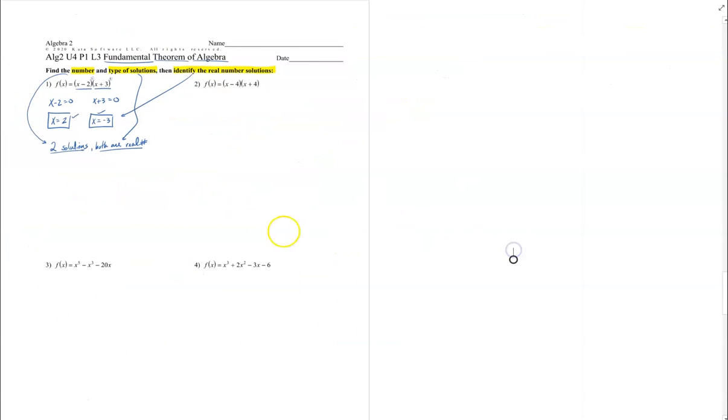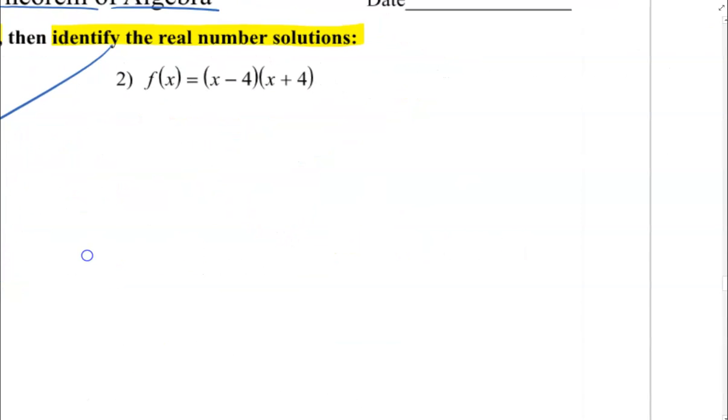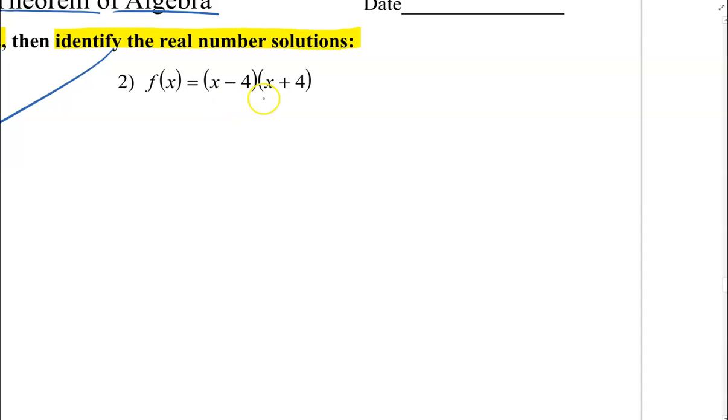We'll see the same thing over here for number 2. F of x is equal to the factor x minus 4 with an implied exponent of 1, and the factor x plus 4 with an implied exponent of 1. So again, this tells me that there are 2 solutions. I don't know if they're both real just yet, so I'll actually continue to solve them.